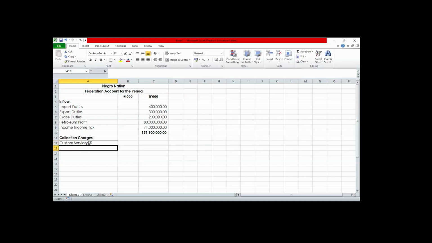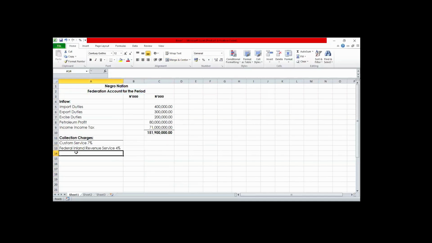Then Federal Inland Revenue Service, that one is 4% on non-oil.